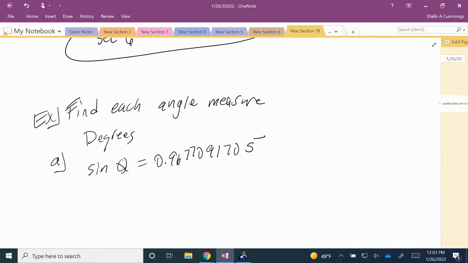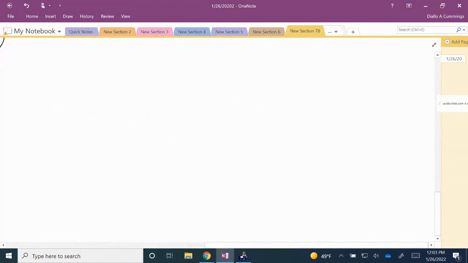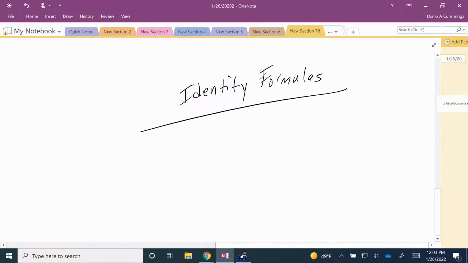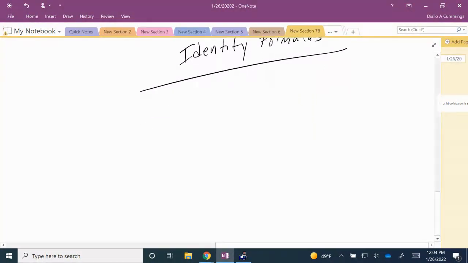But before I do that, I want to introduce some formulas. These are actually called identity formulas. Now, in a lot of textbooks, they sort of forego writing this out, and as we go through, they go from one step to the other without any explanation on how that's done.